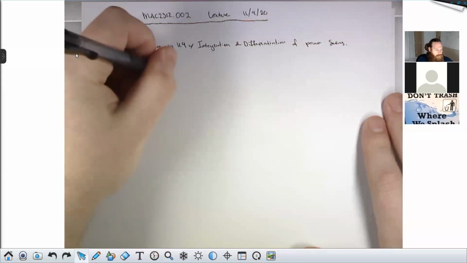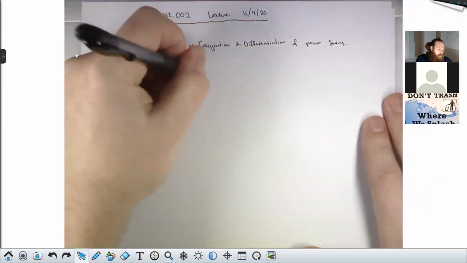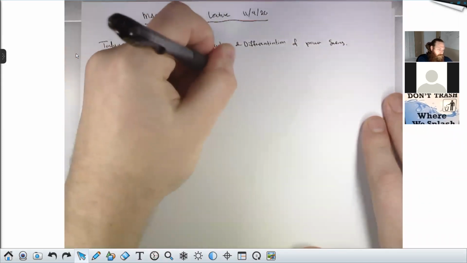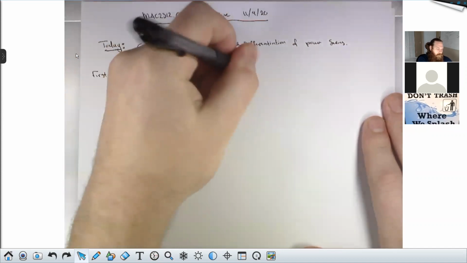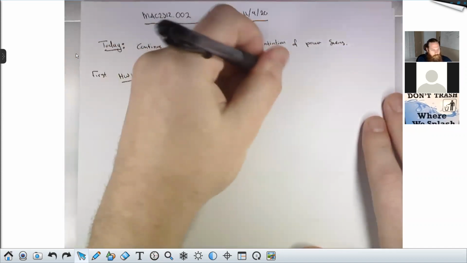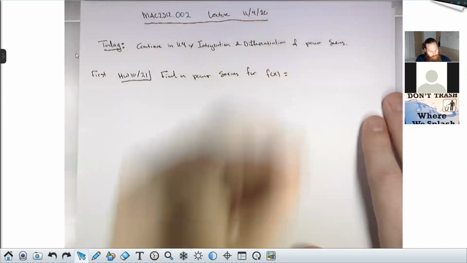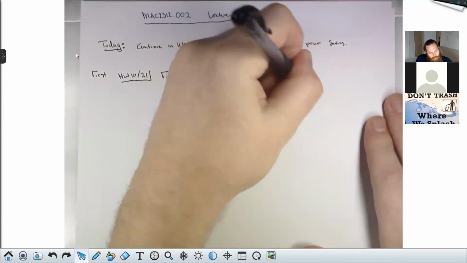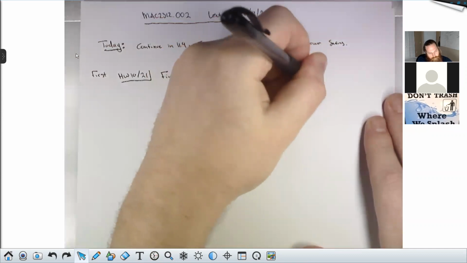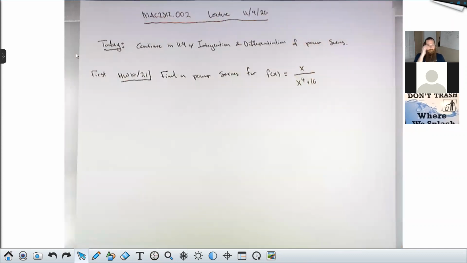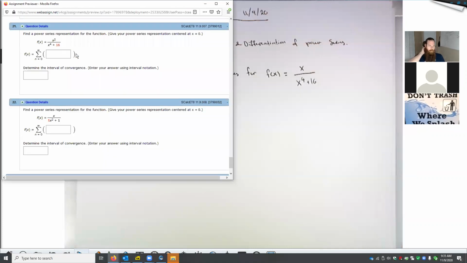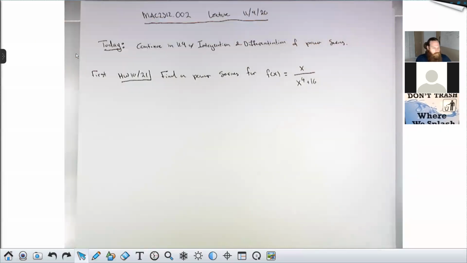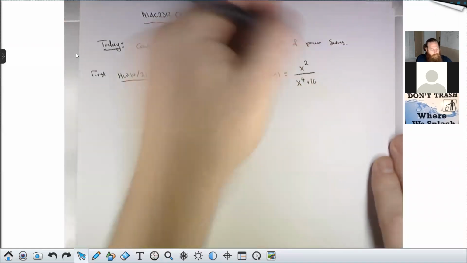We want to find a power series for the function f of x equals x squared over x to the 4 plus 16.